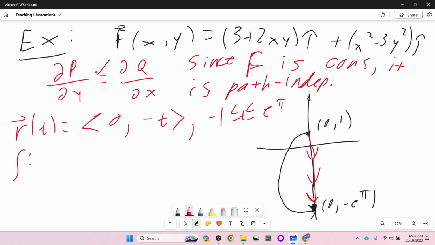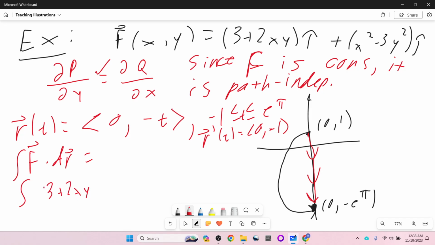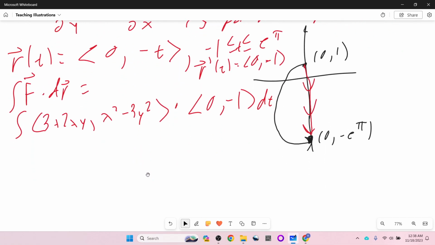And so you would say the integral of F dot dr. r prime would just be 0, negative 1. So F dot dr would be 3 plus 2xy, x squared minus 3y squared dot 0, negative 1 dt. We can replace all these x's with 0, so that goes away.